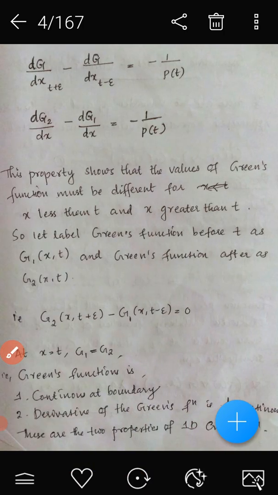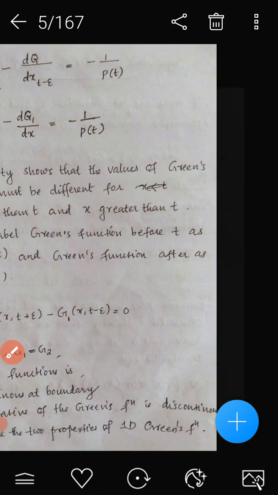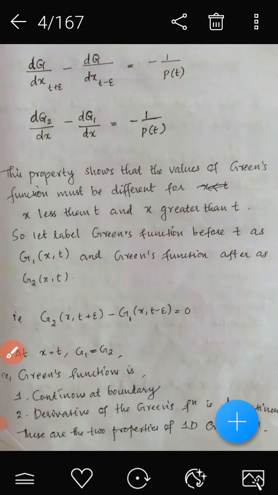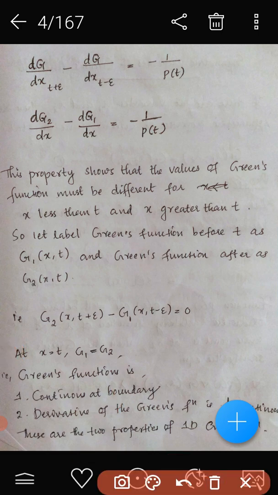Now dg by dx at t plus epsilon, the upper limit, minus dg by dx at t minus epsilon is equal to minus 1 by p(t), that is, dg2 by dx minus dg1 by dx equal to minus 1 by p(t).